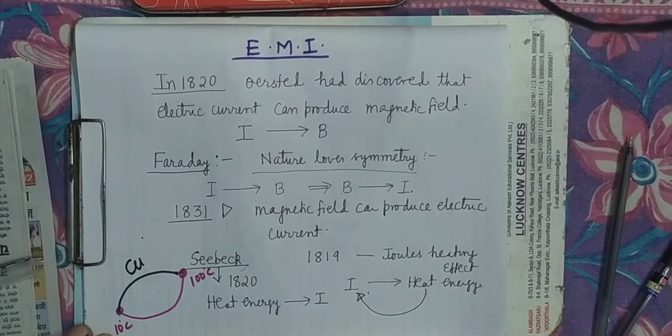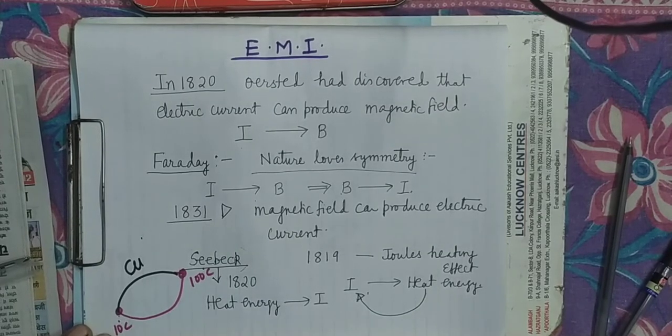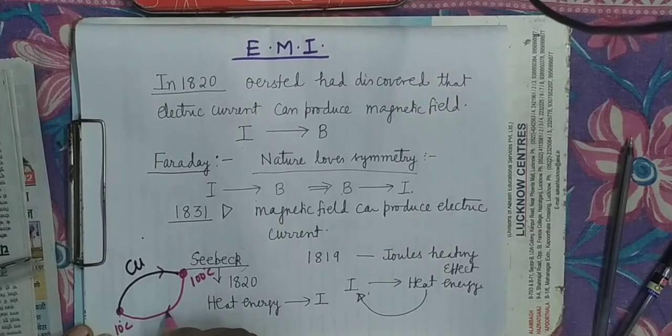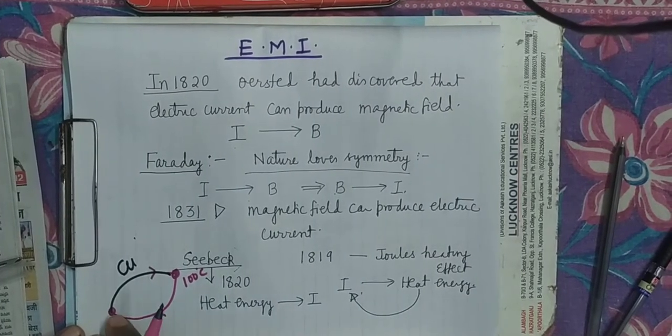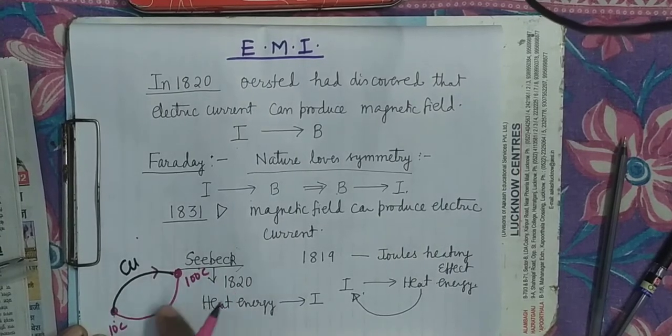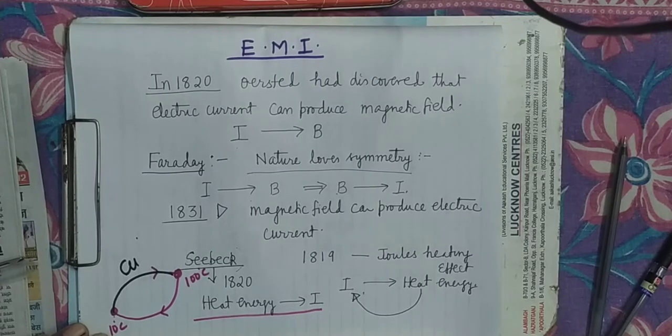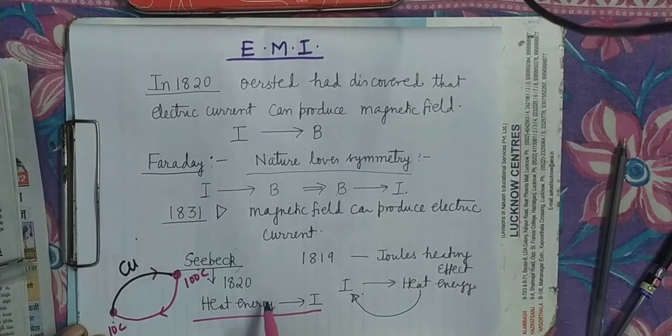He found that when a temperature difference is created, an electric current is produced in this. Means electric current flows this way. Here the temperature difference is producing the electric current. More the temperature difference, more the electric current. So from here he proved that heat energy can produce electric current, and this he found by using Faraday's concept, by using Faraday's analogy.